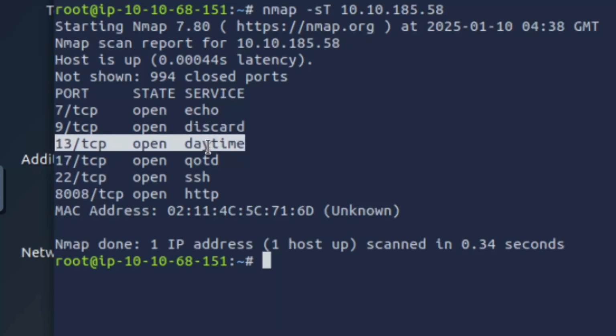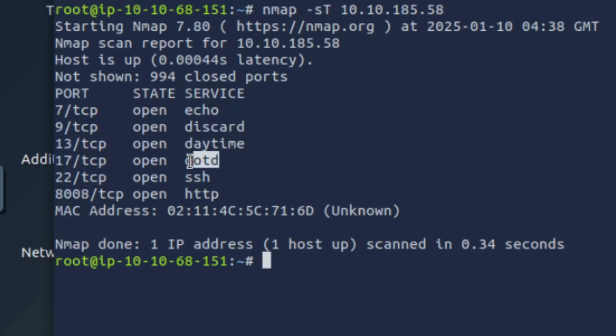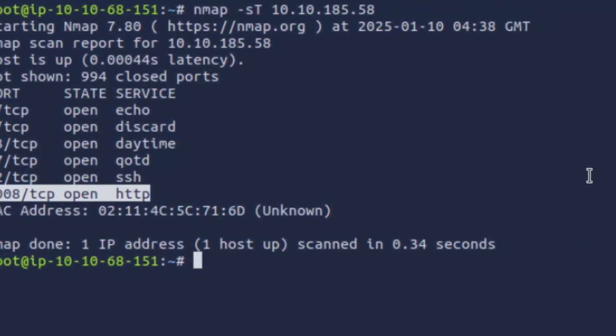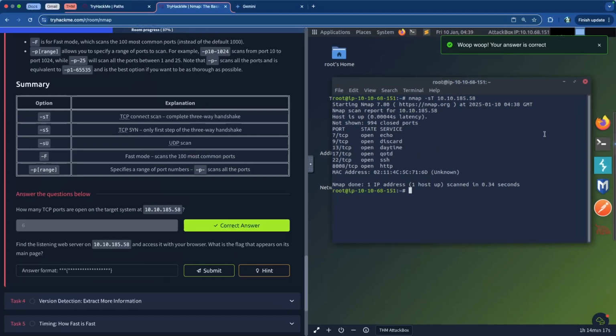This is the daytime, which gives us just a date and time, just checking the date and time at the time. QOTD, I would assume that's quote of the day, I guess. And then this is secure shell. And then there's only one that is an HTTP service, which implies that that is actually the web service, because HTTP is the protocol for internet services, right?